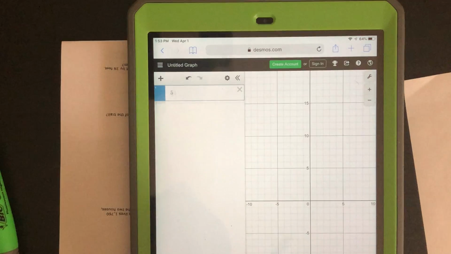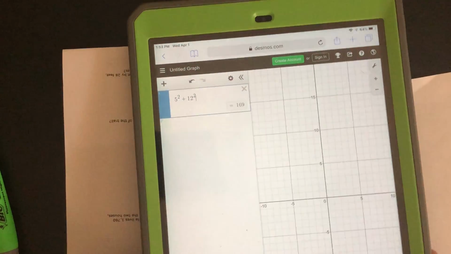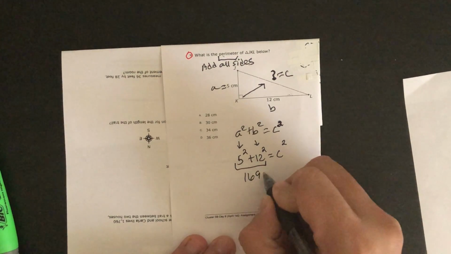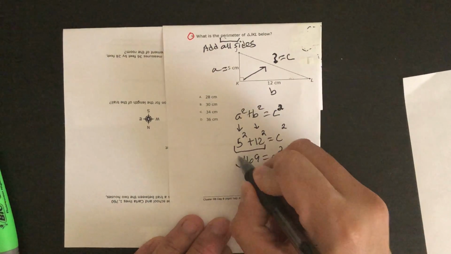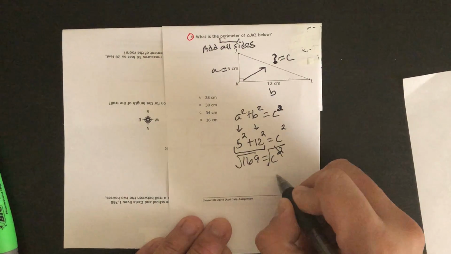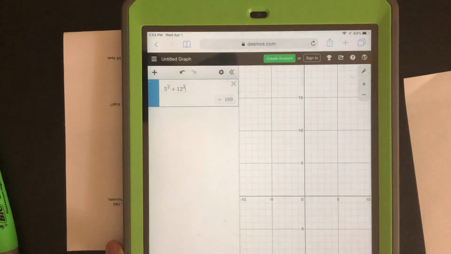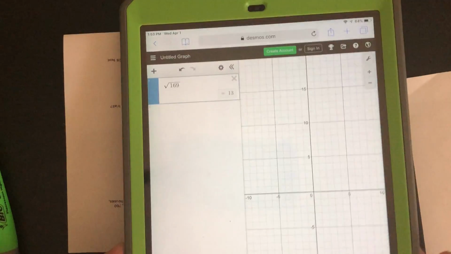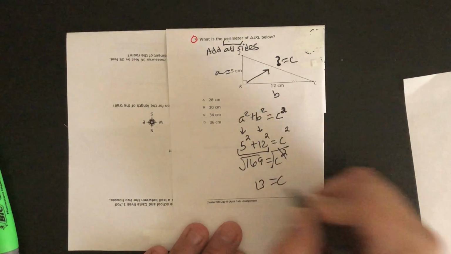So 5 squared plus 12 squared gives me 169 equals C squared. And the opposite of a square is square root. So you're left with C equals, type in the square root of 169, and it is 13. So the hypotenuse is 13.